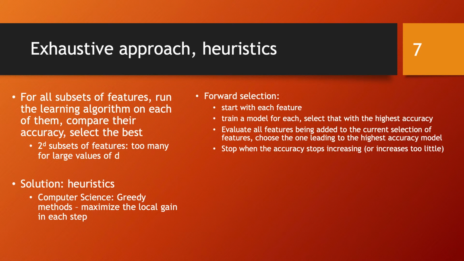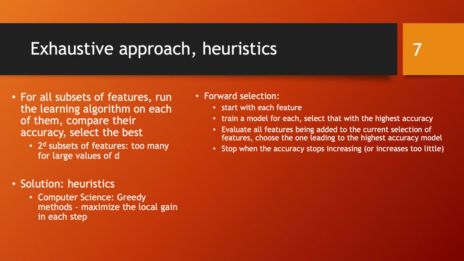So now you have 2 features. And then you continue this step by step. You are going to stop when the accuracy stops increasing, or it increases too little for your application. So you might have a threshold that you define depending on the application, and then you will say, I found the subset of features that seems to contribute the most towards the accuracy of the model.